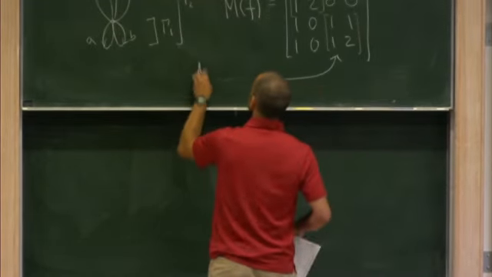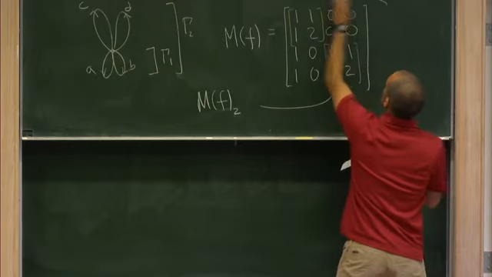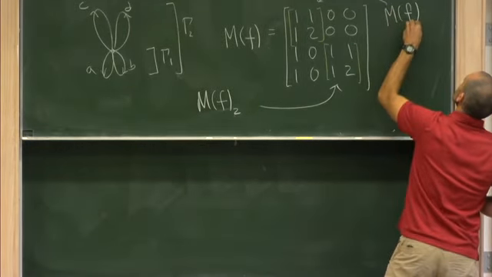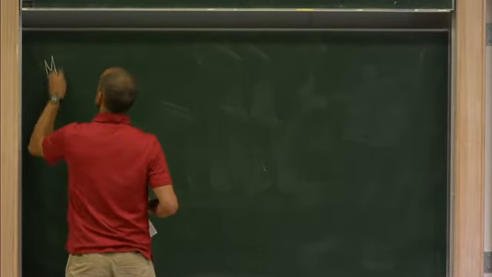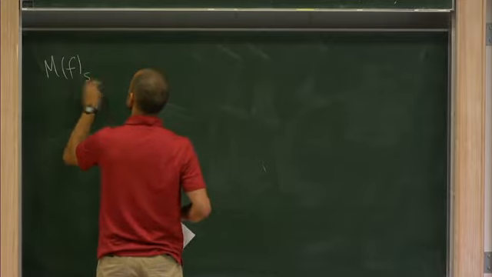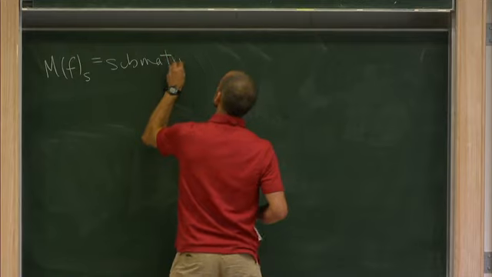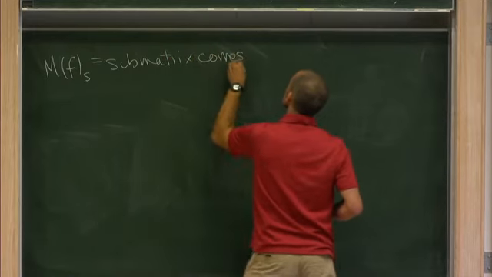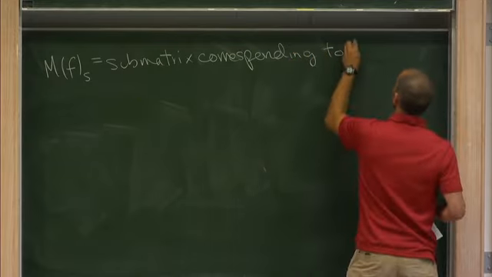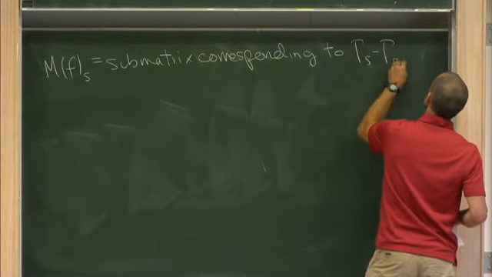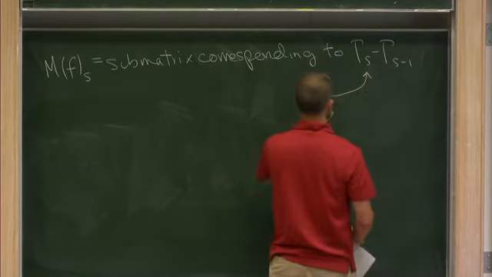We're going to call this MF sub 2 because it's on the second one, and that's MF sub 1. So in general, we have these square matrices, MF sub S, which is just the submatrix corresponding to the S stratum. That's what this is called if you take one of the filtration pieces minus the smaller one.